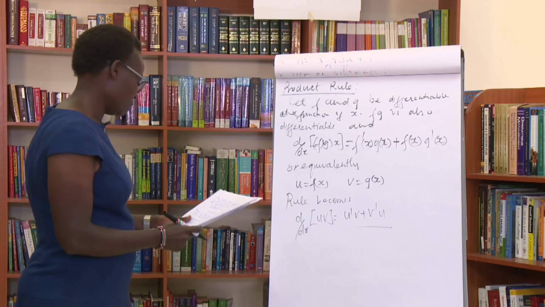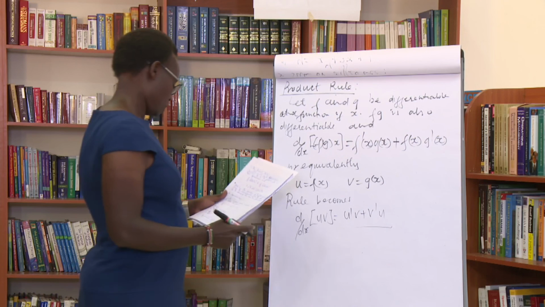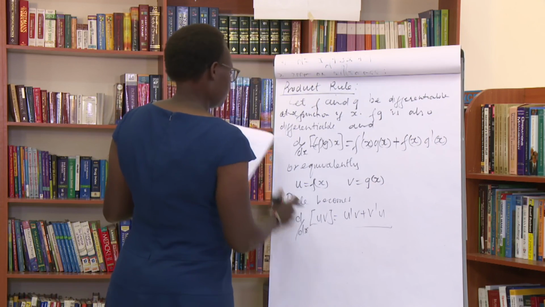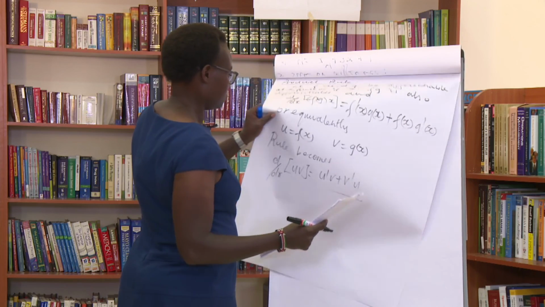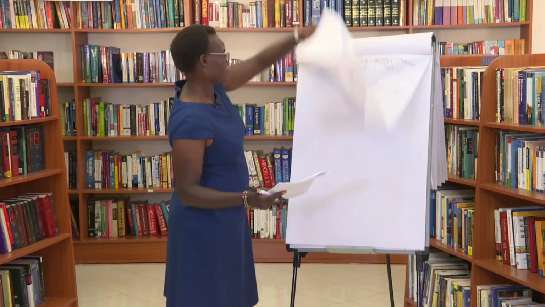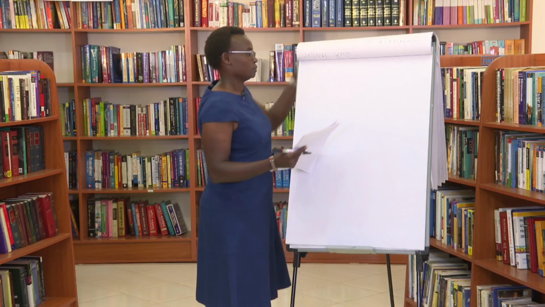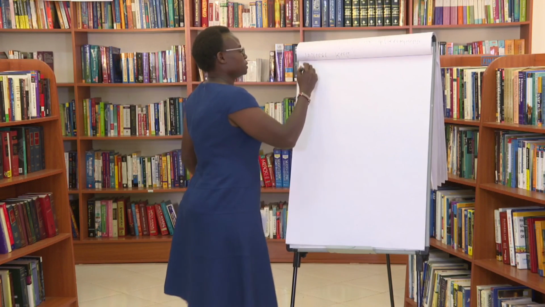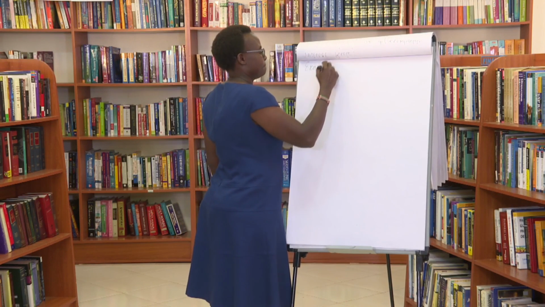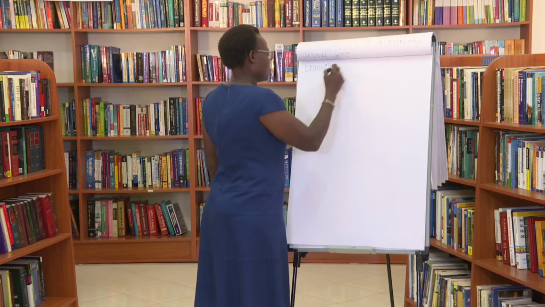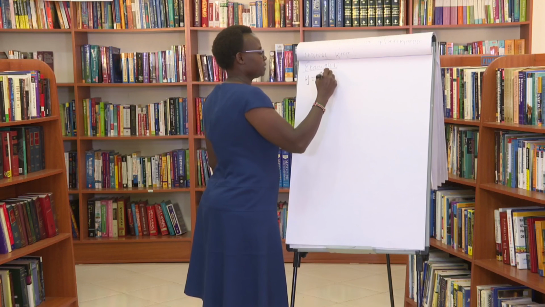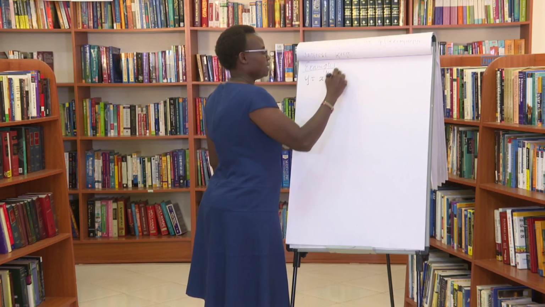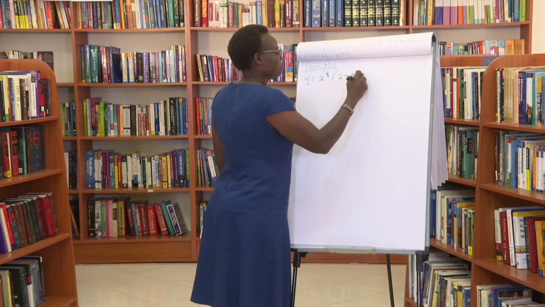So we can go to examples. You're given y as x raised to power a third into 2x minus 1.